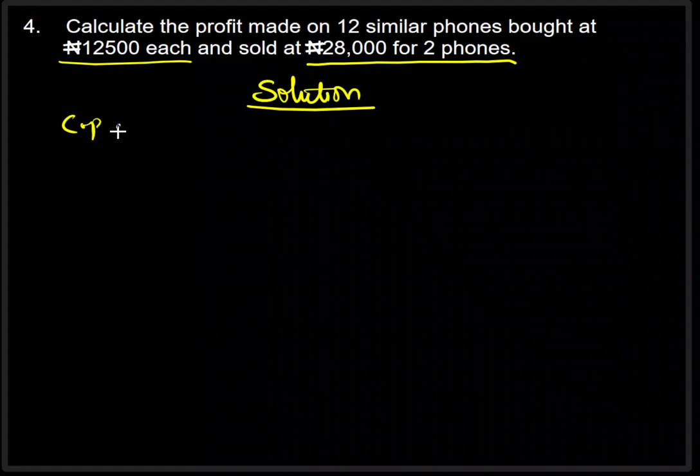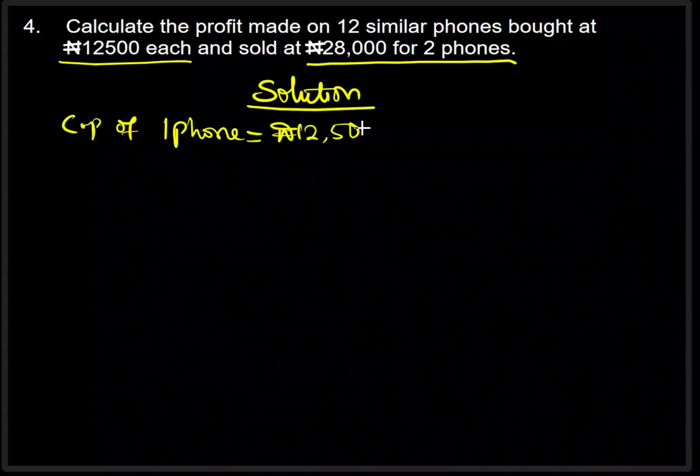The cost price of one phone, what we have been given, one phone is equal to 12,500.